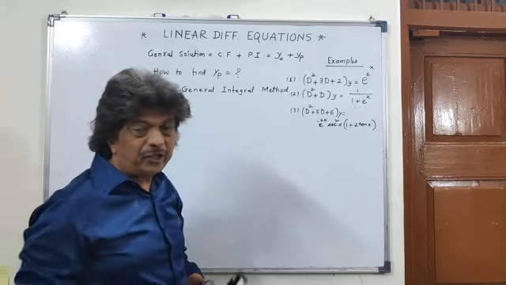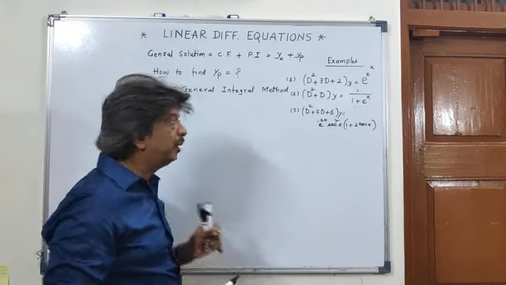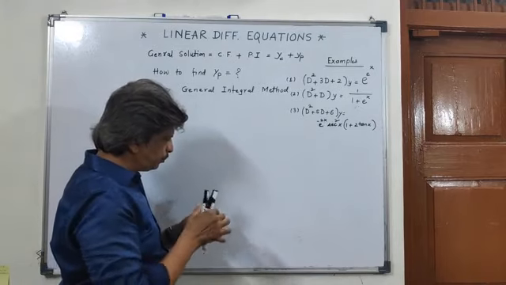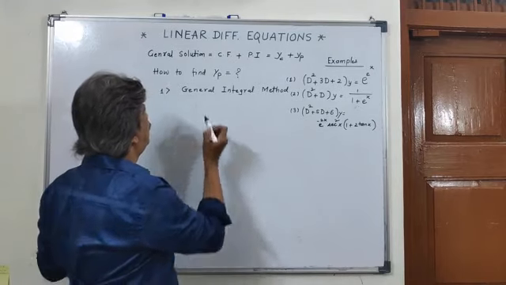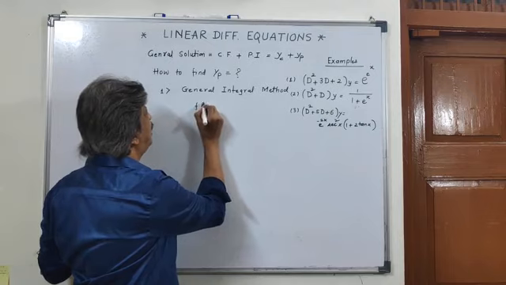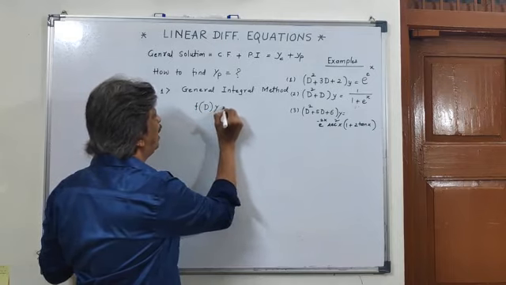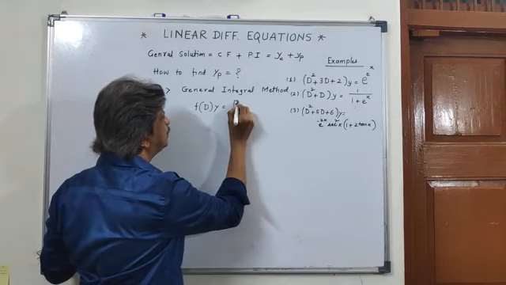What is a linear differential equation in its short form? It is denoted by f of D in its operator form: f of D into y equals, say, capital F of x.